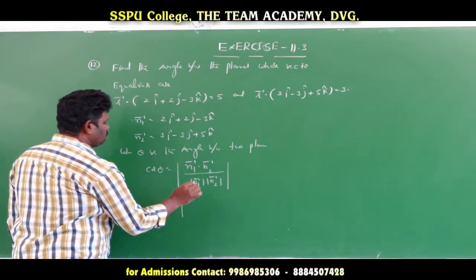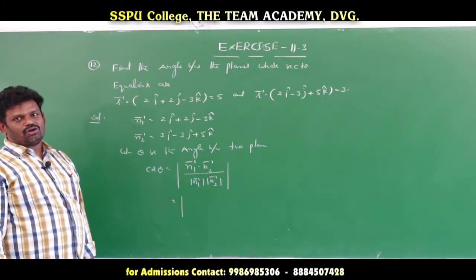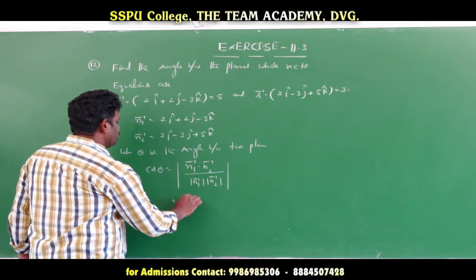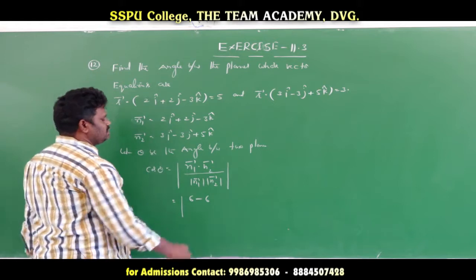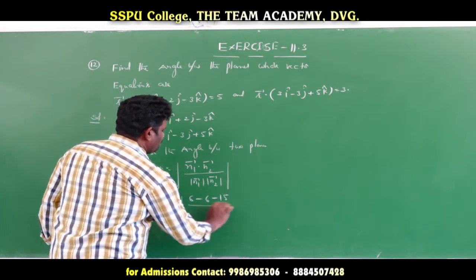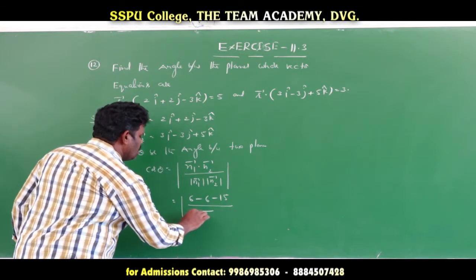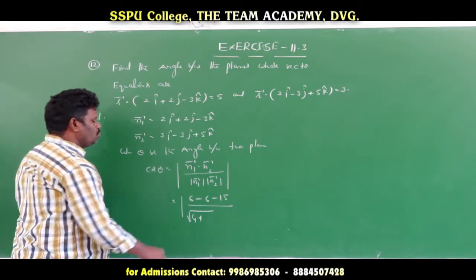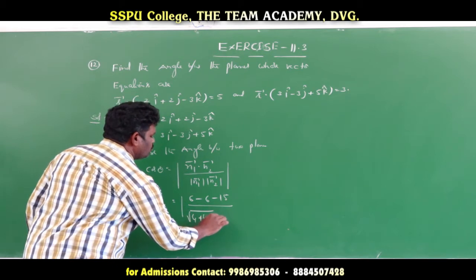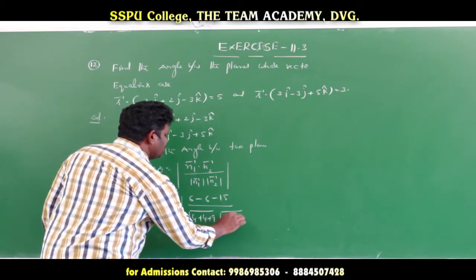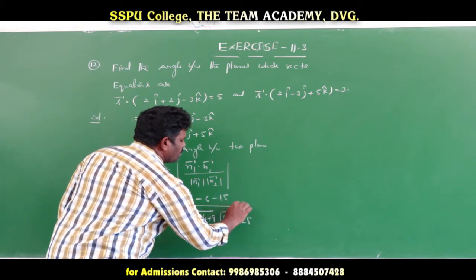The dot product n1 dot n2 is 6 minus 6 minus 15, divided by the square root of 4 plus 4 plus 9, into the square root of 9 plus 9 plus 25.